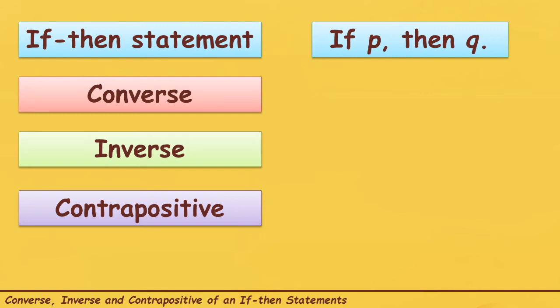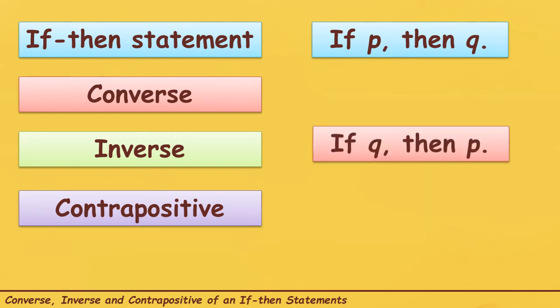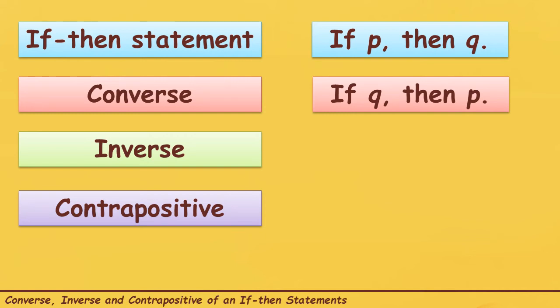Sa converse naman, ito ay magiging if Q, then P. Ibig sabihin nun, pinagpalit natin ang hypothesis at conclusion. Yung conclusion na Q ay nasa unahan na. Yun namang hypothesis na nasa unahan, nilagay natin sa may bandang dulo.